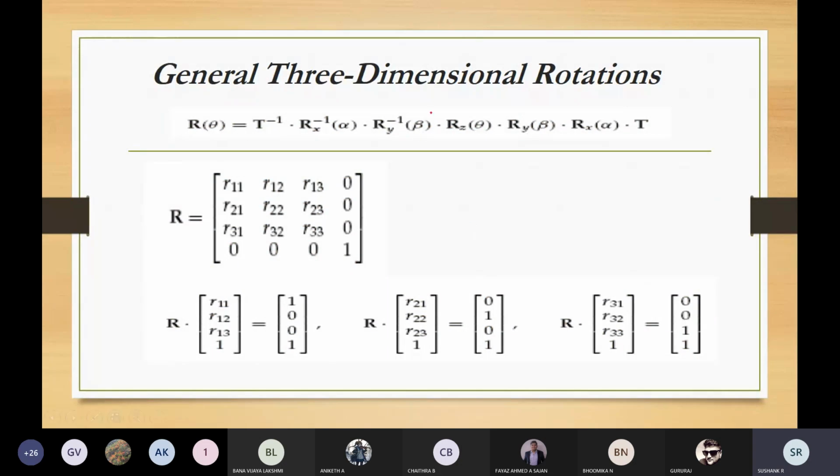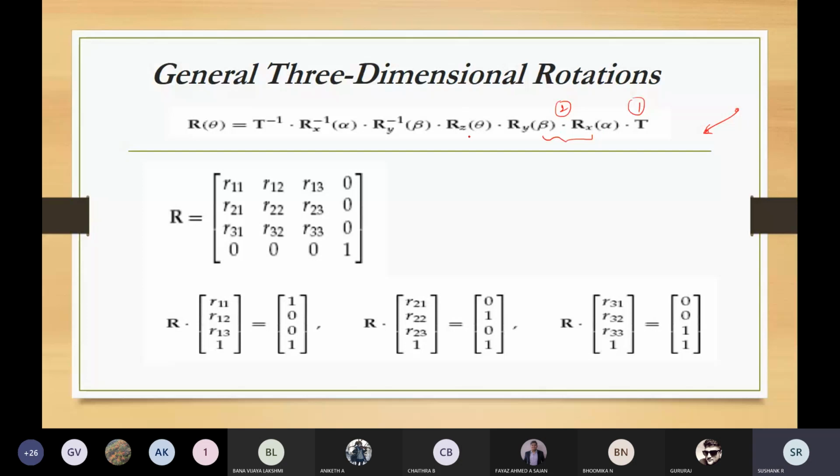The first step was, okay, sorry, I have written it in reverse. The first step was the translation from some point to the origin, then rotation about the x and y axis.